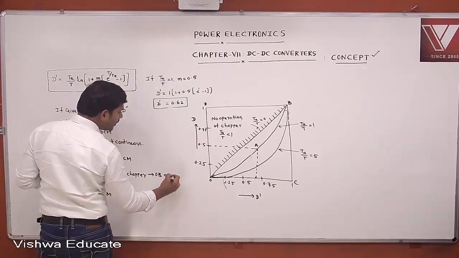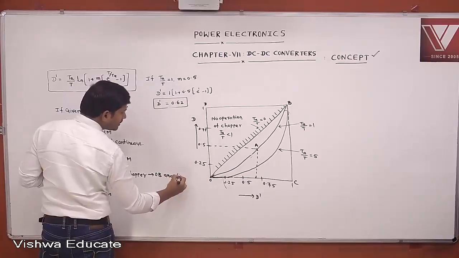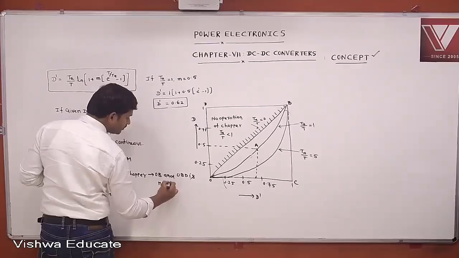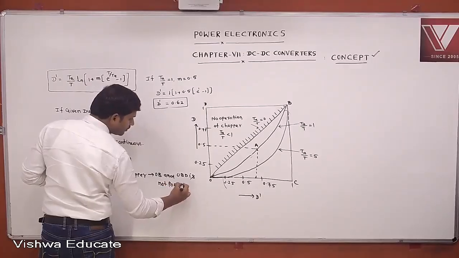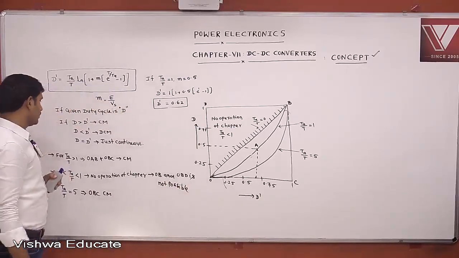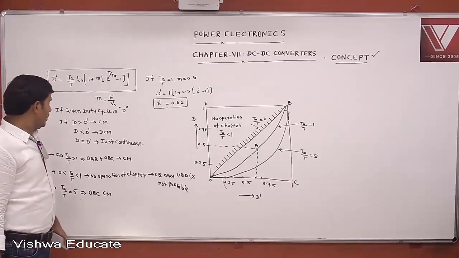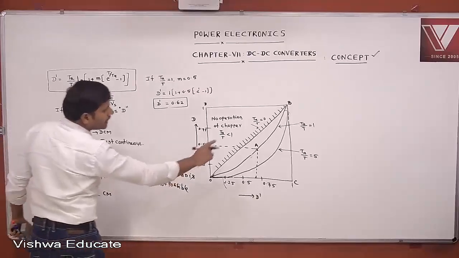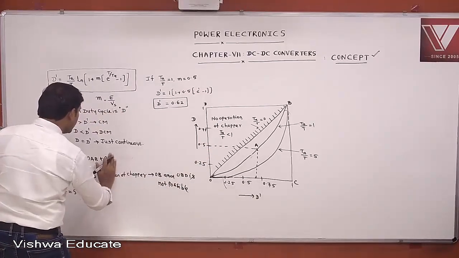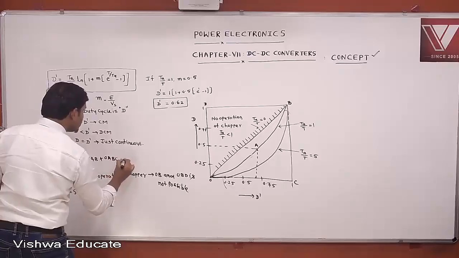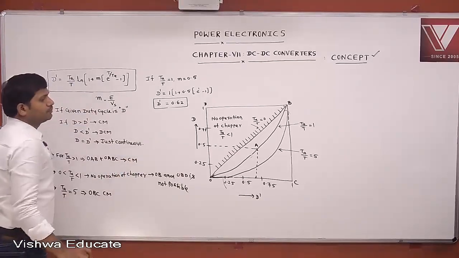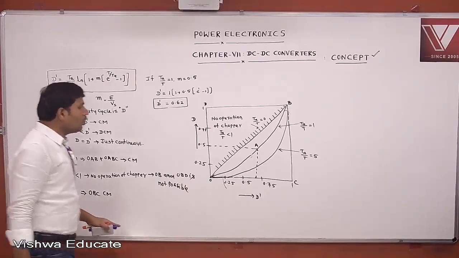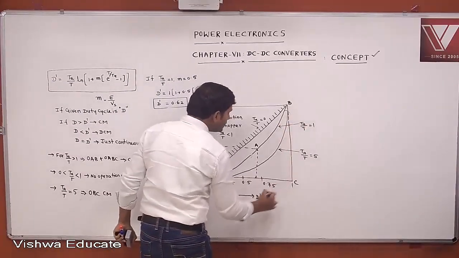Take OABC, not OBC; OABC is continuous. For TA by T equal to 5, we get OBC in continuous mode.